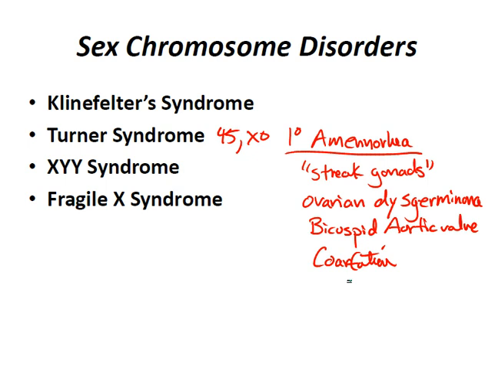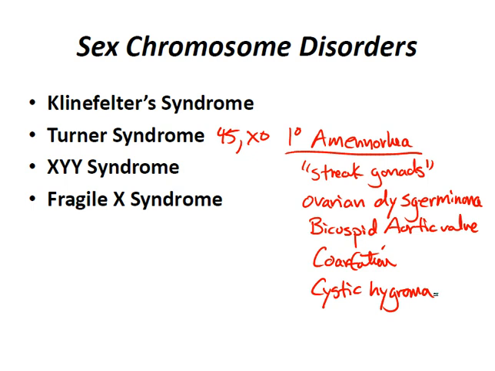Now they have a normal intelligence, but they also have lymphedema and a cystic hygroma. A cystic hygroma is the web necking. That's all cystic hygroma means. They also have hypothyroidism and a horseshoe kidney.